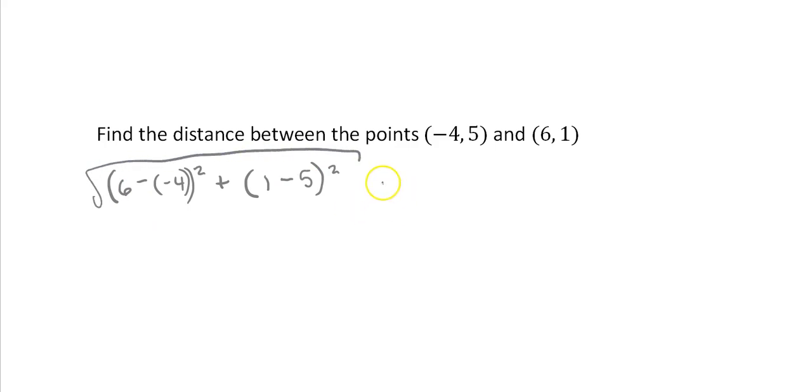So let's go ahead and do that. This is going to give me 10 squared, because I have that double negative going on there, plus my negative 4 squared. And remember, my order of operations here matters. It's negative 4 times negative 4, so it's going to become a positive 16.